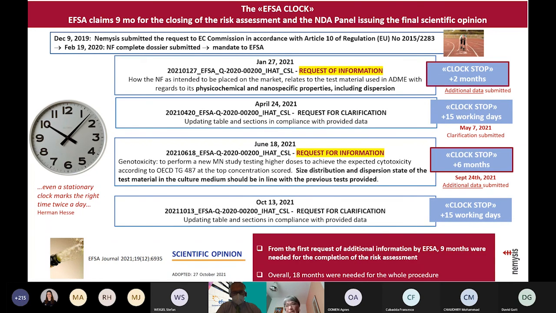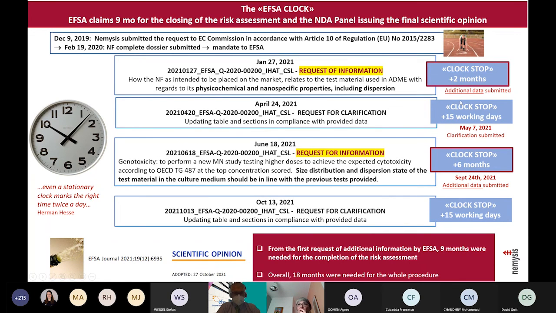And this is mostly related to the characterization of the novel food, and of the nanoparticulate food in particular, with the need to provide good, convincing data for dissolution and dispersion in culture media at the concentrations that are expected to be the ones at which the population will be exposed.